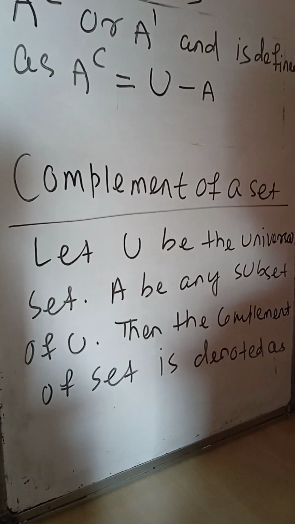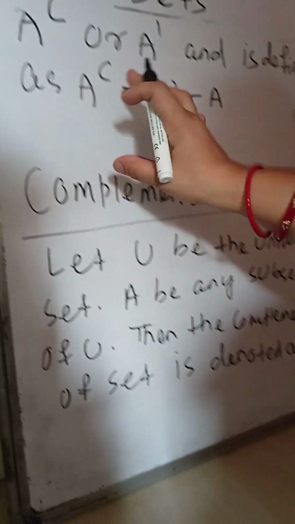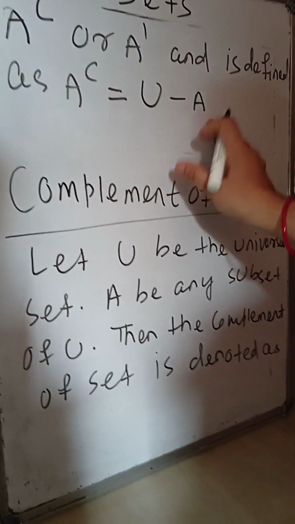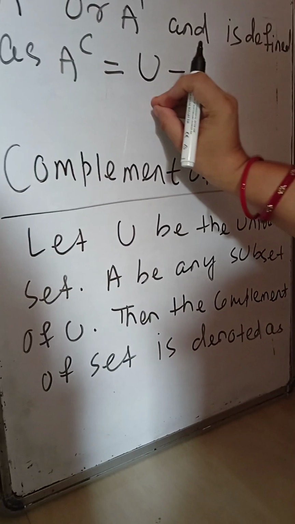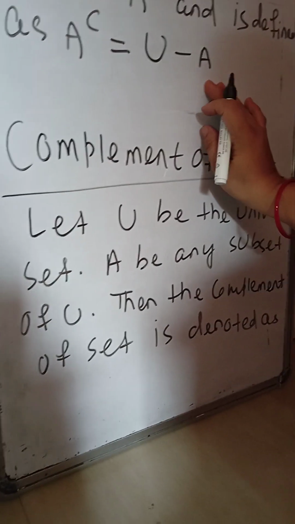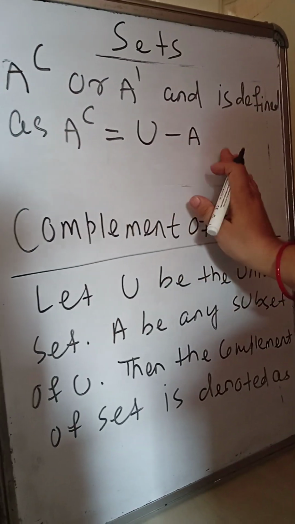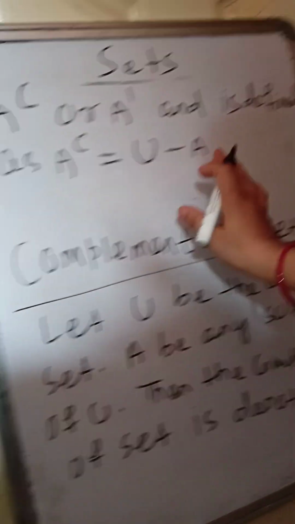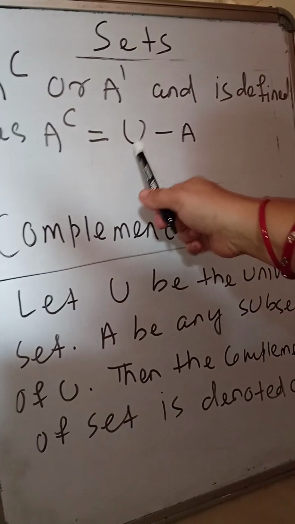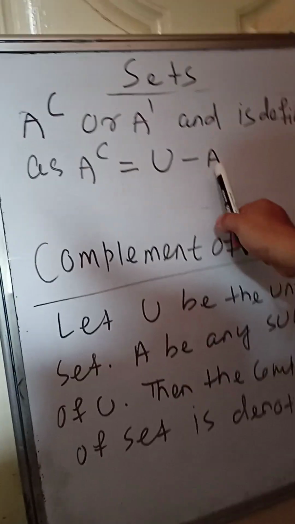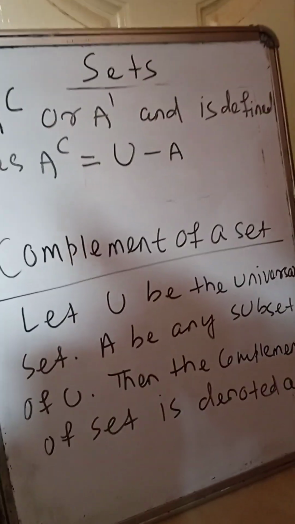Now we have discussed the difference of two sets. So A complement is again a set of which elements? The elements of the universal set but not the elements of A. So A complement is the same as the difference of the two sets U and A. So A complement equals U minus A. What is U here? U is your universal set and A is the given set.